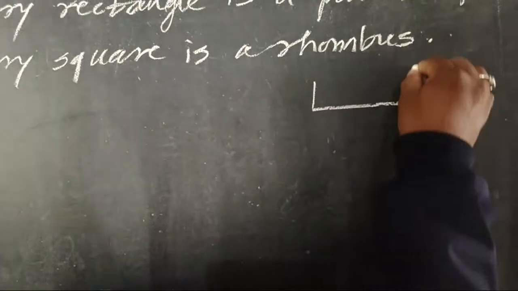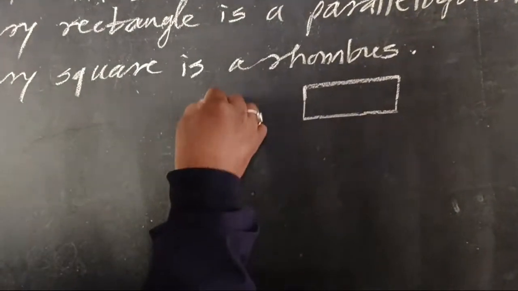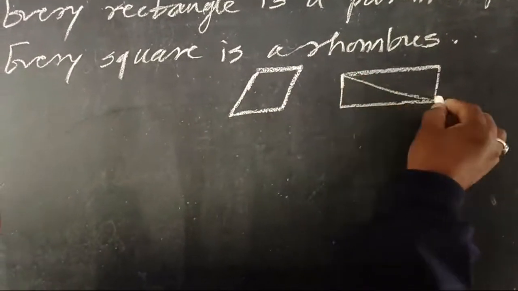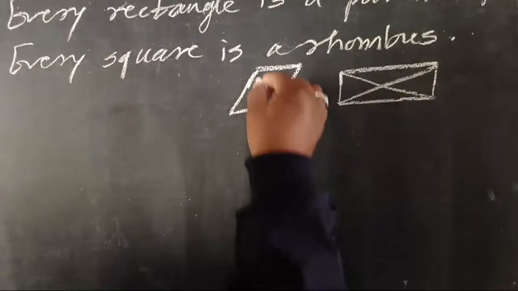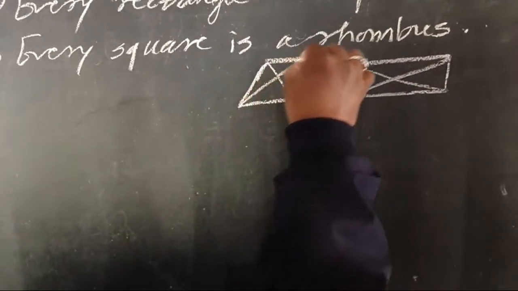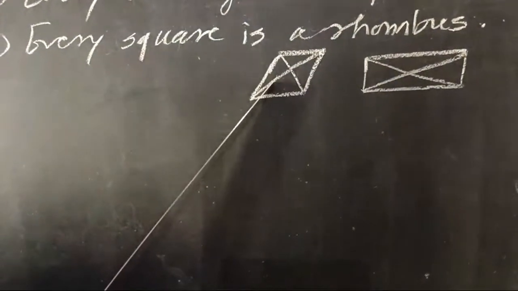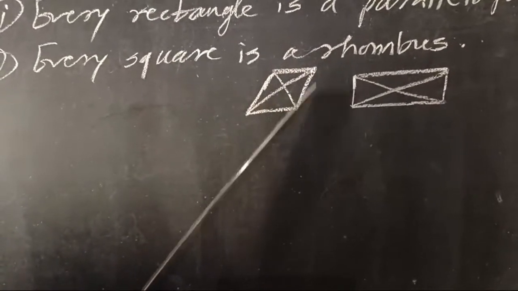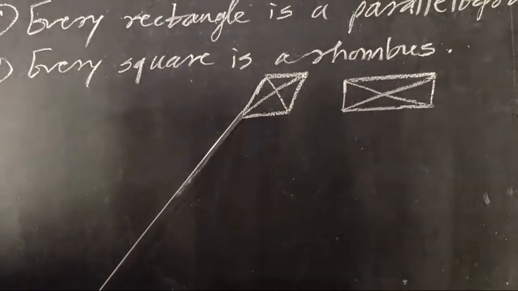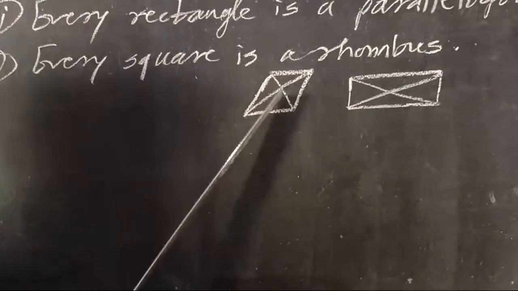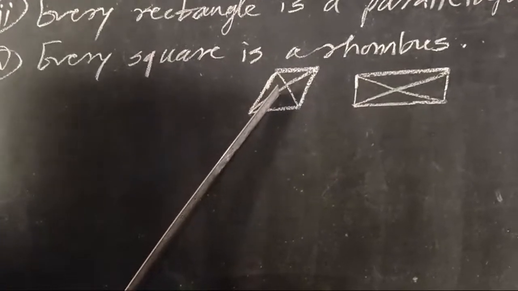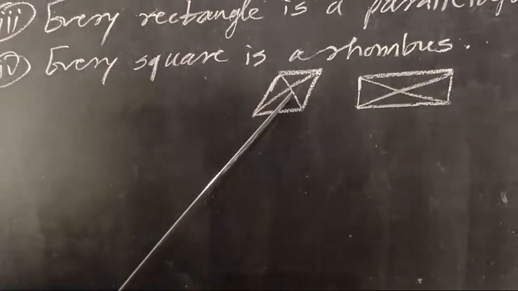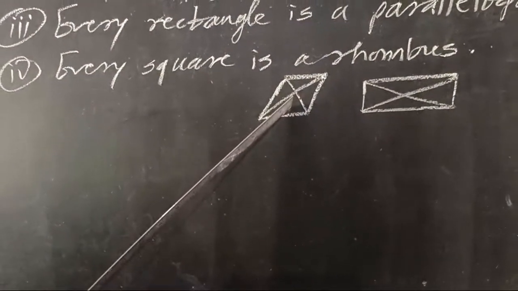No. This is a rectangle. These diagonals are congruent. Are these two diagonals congruent? The first is small and the second is large. Means diagonals are not congruent here. But here diagonals are congruent. Third property we can't get in rhombus.